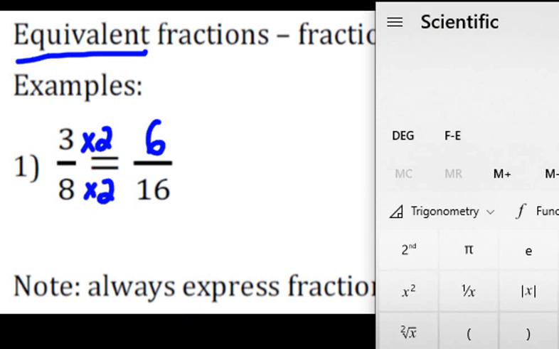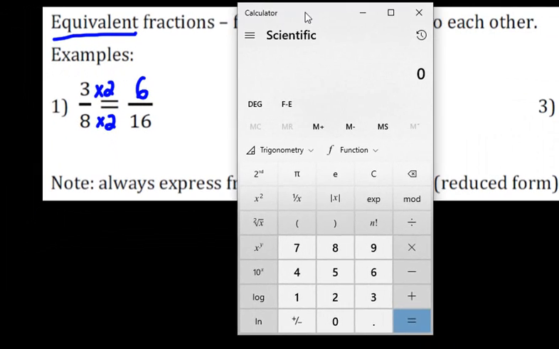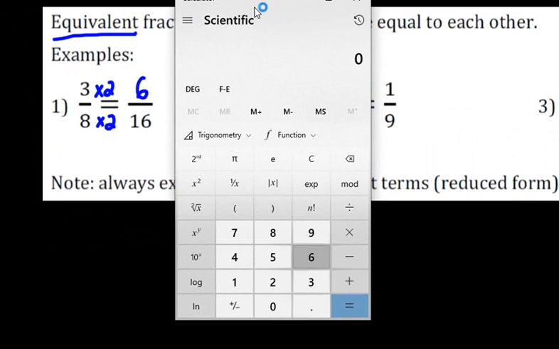Well, you can check it with a calculator. I'm just going to do that right now just to show you. Anytime you have a fraction, you can always change it into a decimal just by dividing the top by the bottom. You can go 3 divided by 8, and you get 0.375.